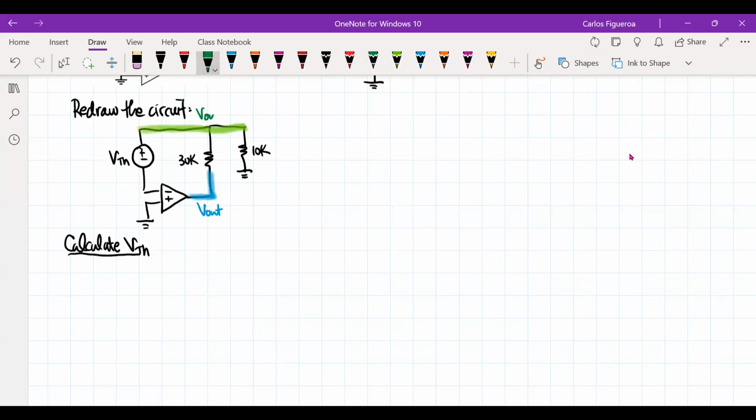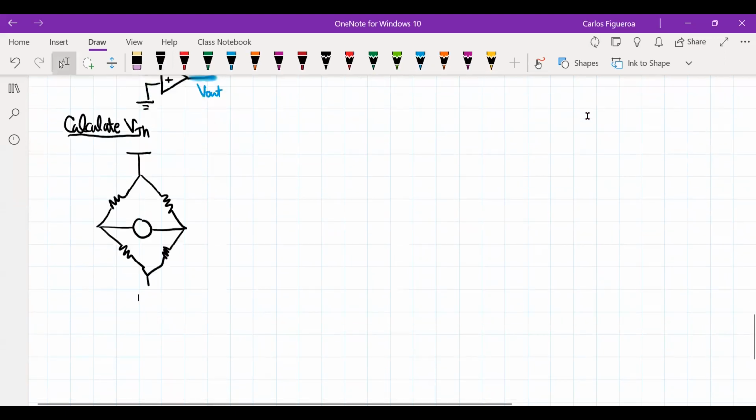And then here's my V1 right here. And of course, there's my ground. So now let's start looking at this. If I look at my Thevenin circuit, it comes here, and then I have my diamond. Then I have my source. And it looks like this.